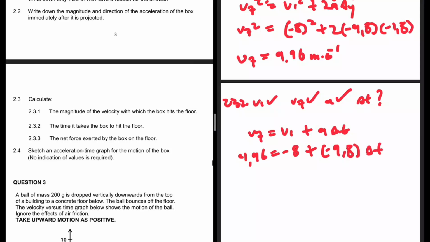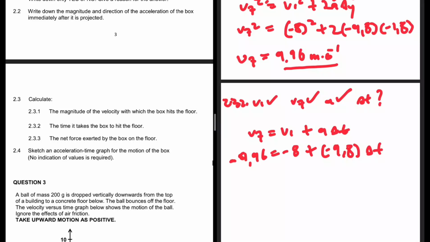This is the mistake that most people make with this kind of equations. Because 2.3.1 says the magnitude. That's why we didn't care about the direction when we calculated VF. But now we are using that velocity in 2.3.2 as we are attempting to calculate the time. We have to account for the fact that it is 9.96 meters per second downwards. There's supposed to be a minus sign there because we are taking up as positive, right?